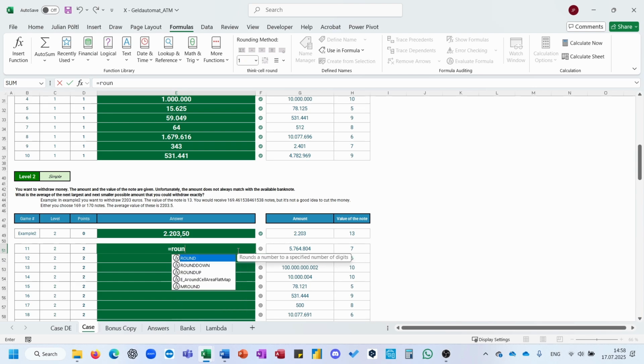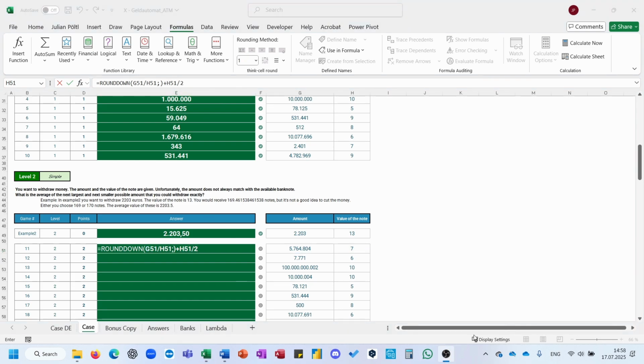This is basically a round down of a division plus half of the half of the value we divide by, and this multiplied by the amount because we want to find out the amount.